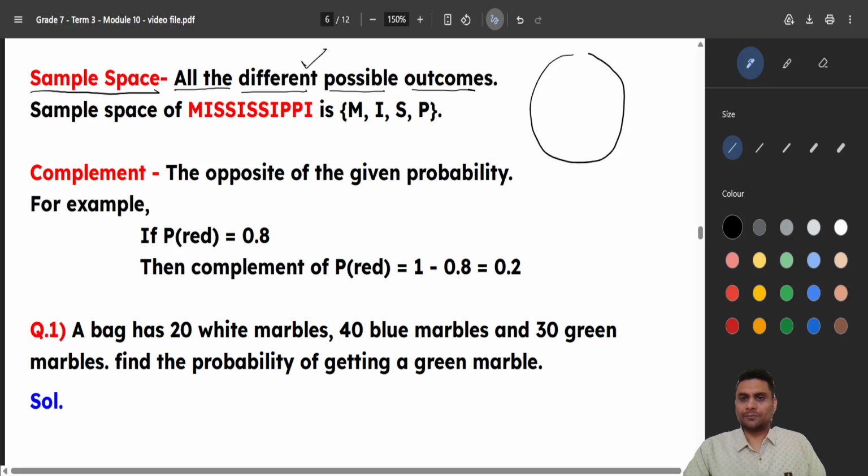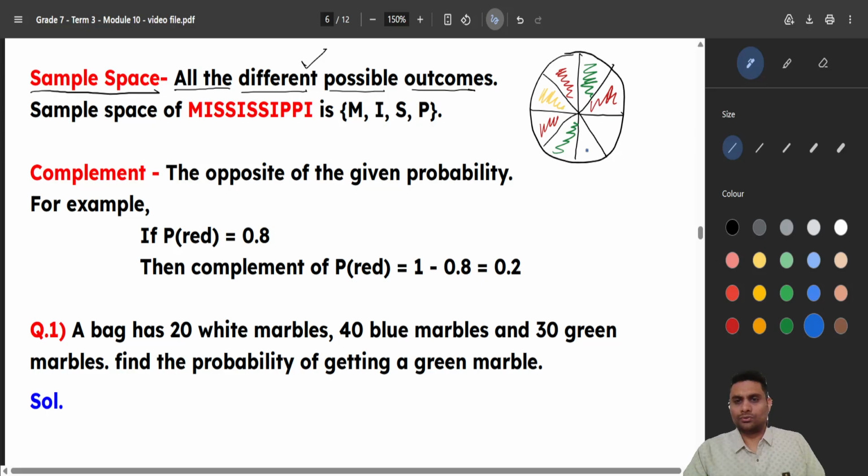Again, I have a spinner. In this spinner, let's say this time I have 8 sections. Here I have red, here red, here red. Then I have yellow, here one yellow. Then I have green, one green here, one green here.